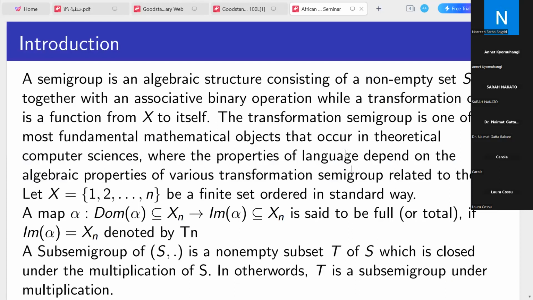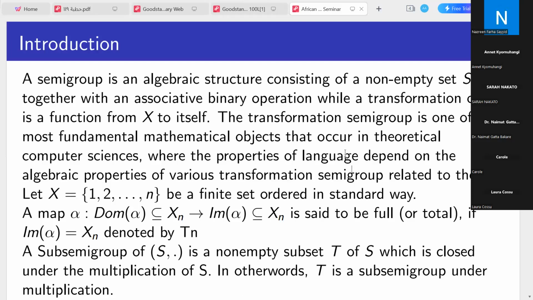That is, the associativity property must hold, there must be an identity, and there must be an inverse. Then in a semigroup, we are only after one of the properties. That is, whenever you have a set defined on a binary operation in which associativity is satisfied, there we are talking about a semigroup.